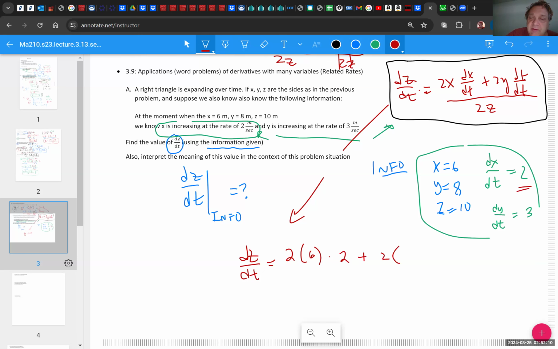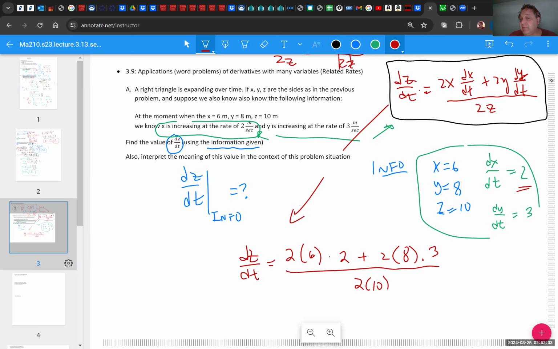And we're just going to plug in all the numbers. This is supposed to say dy dt. dy dt was 3. And then all this is divided by 2 times z, which is 2 times 10. So that's how we're going to find the answer to these word problems.